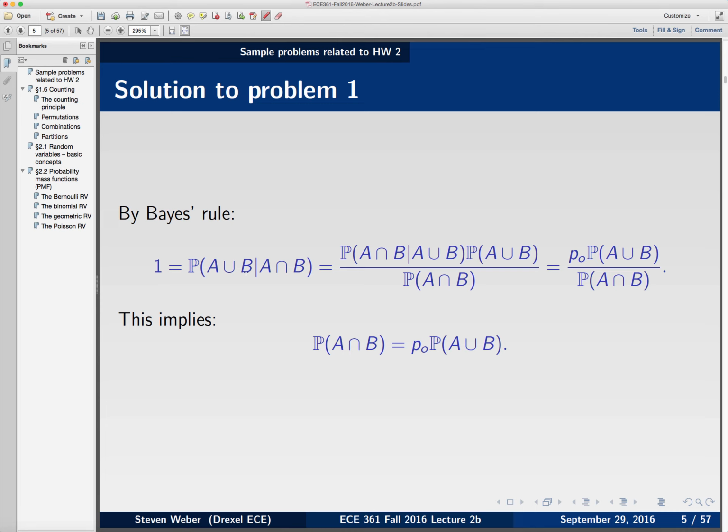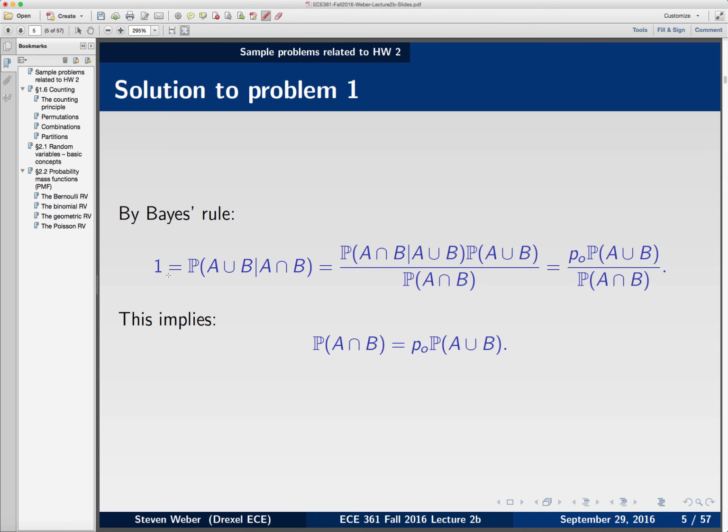But I can view this as an event and this as an event, and I will apply Bayes' rule, and I will see that I get in the numerator the probability of A and B given A union B times the probability of A union B over the probability of A and B. The reason for doing this expression is that I've now managed to get one of the things I want, PO, in the numerator.